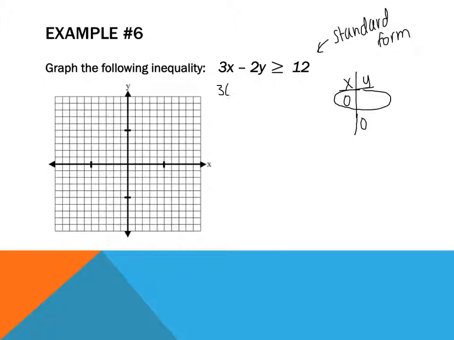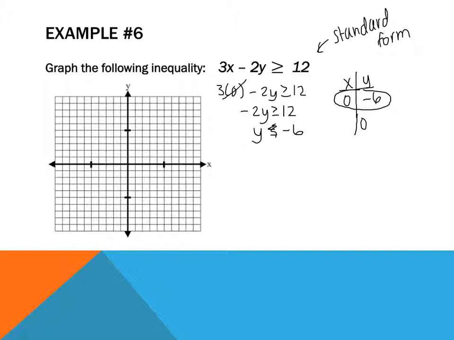So I have 3 times 0 minus 2y is greater than or equal to 12. That's just 0. So I have negative 2y is greater than or equal to 12. If I divide by negative 2, I get y is less than or equal to negative 6. Remember, when you divide by a negative, it flips. This sign, though, doesn't really matter. All I was looking for was that negative 6. So that's a point, (0, negative 6).